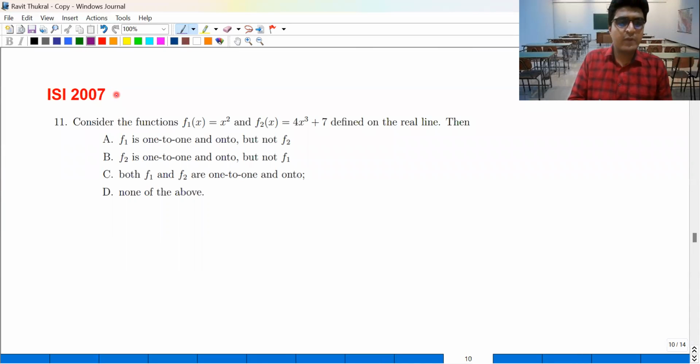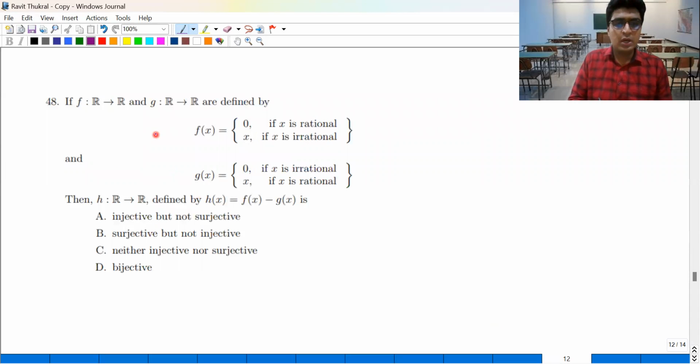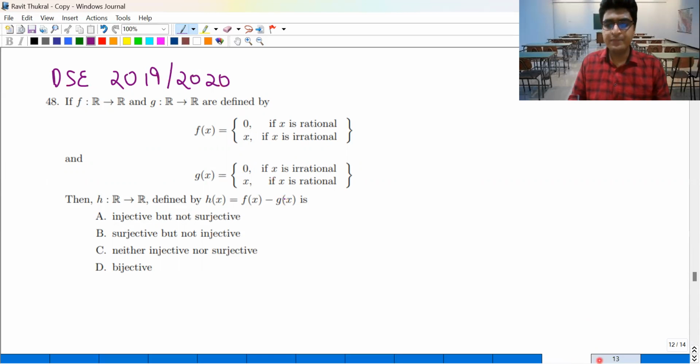So one question is from ISI 2007. Then we'll move on to another question, which is again from ISI but 2008. Okay. Then this question is from DSE and it is from 2019 as well as from 2020. This is a repeated question. लगातार दो बार आया ये. Okay.